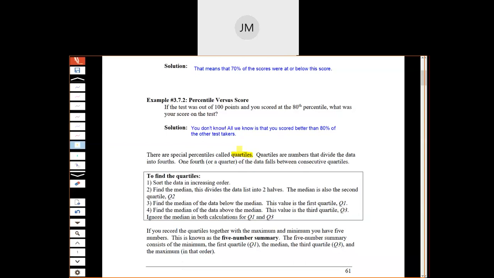Just a little bit of terminology. The first quartile, which we'll just write as Q1, is just the 25th percentile.